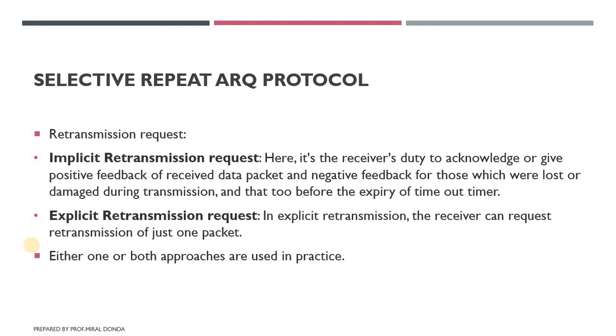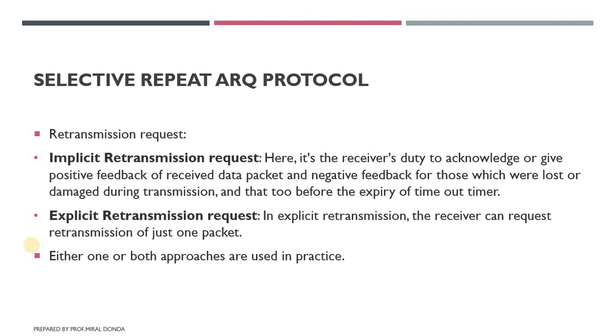That type of retransmission is an implicit retransmission request, while in the explicit retransmission request, the receiver can request retransmission of just one packet. Suppose there are 5 data packets sent by the sender, but the third is lost.